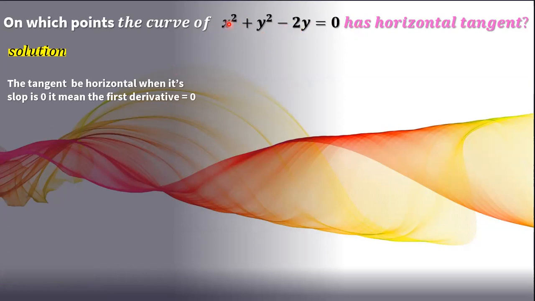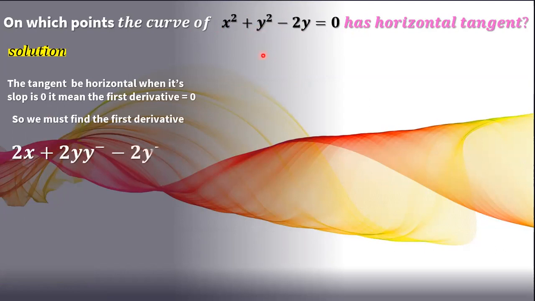The derivative of x squared is 2x, the derivative of y squared is 2y y prime, minus 2 times the derivative of y, which is 2y prime, equals the derivative of 0, which is 0.